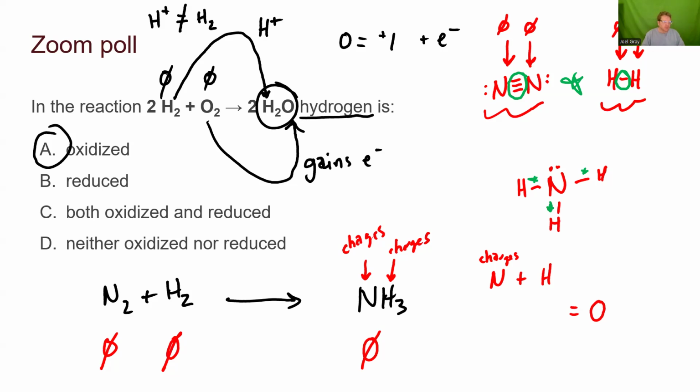When we do that and we make these bonds down here in a molecule like NH3, we've got some of these atoms that bring more electrons in than others. And so what we do is we assign charges to each one of these atoms. We say the overall charge of NH3 is going to be zero.